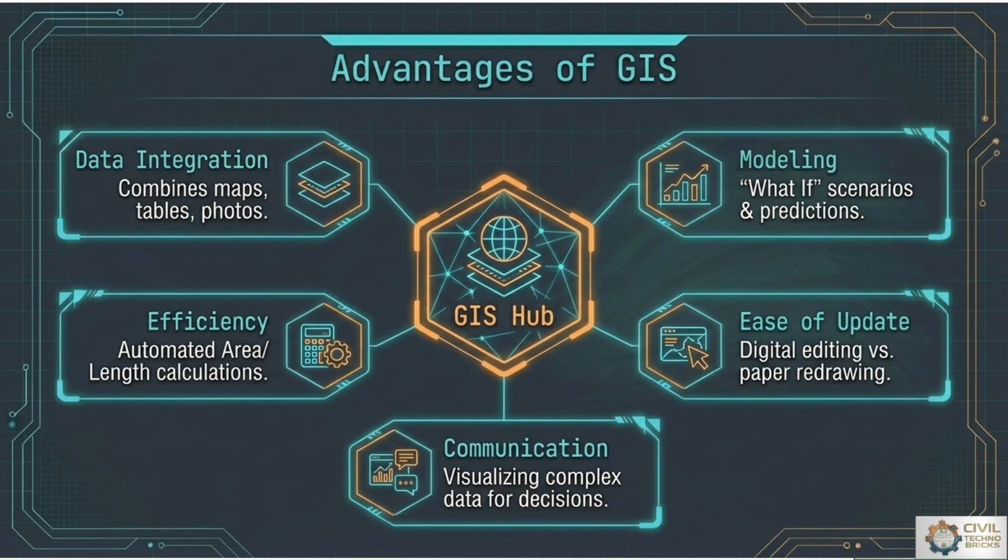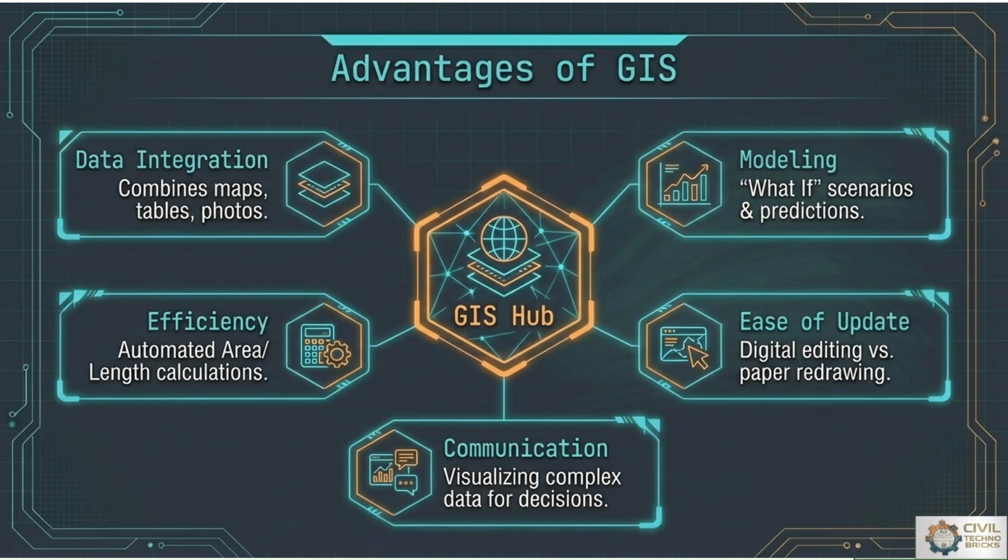Here are a few listed. GIS integrates maps, tables, satellite images, aerial images, and photographs into a single platform for efficient civil engineering analysis and planning. Remote sensing and GIS improve efficiency through automated calculations of area, distance, and length used in surveying and infrastructure projects.